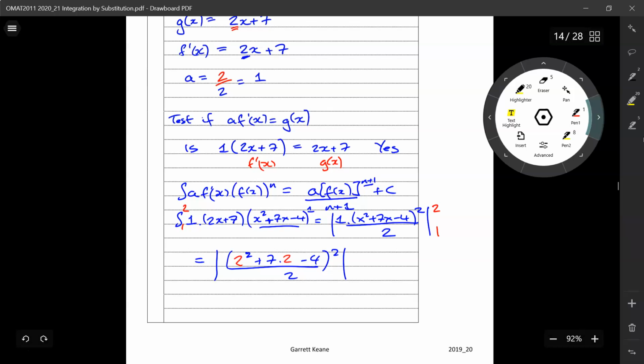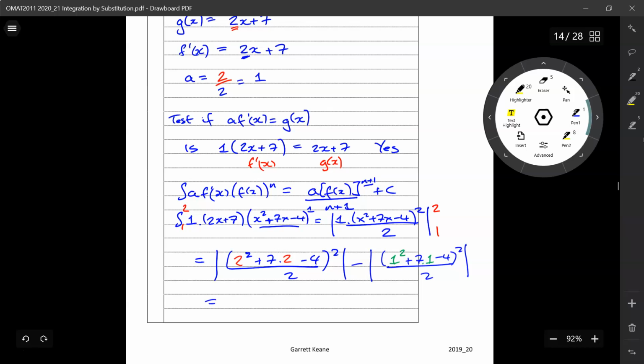And that is equal to minus, and I evaluate the same thing again here, but this time it's the lower limit. I'll use green for that, so it's 1 squared plus 7 times 1. I'm just using different color code so you can see it clearly.